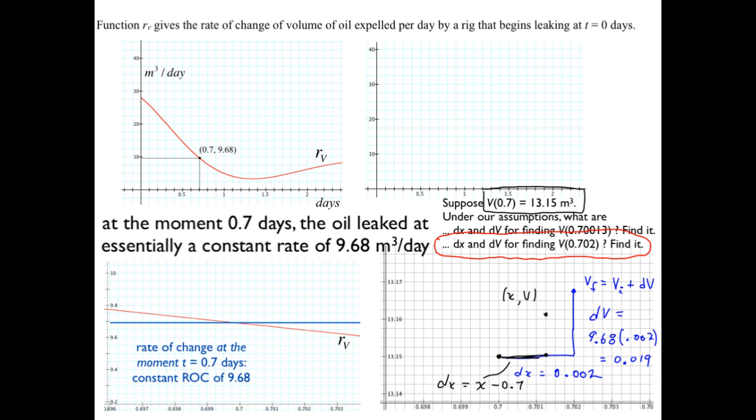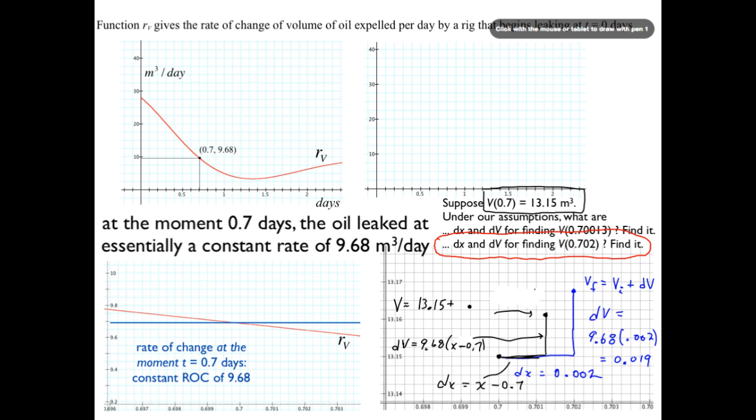Then, which is equal to 9.68 times. Finally, 9.68 times x minus 0.7, and that's my final point, x, v.